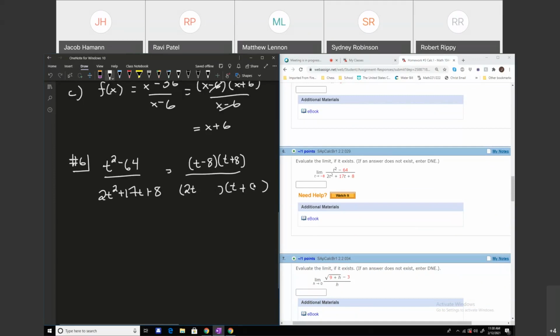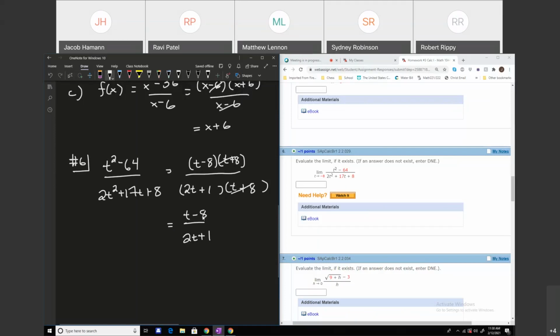So plus 8 plus 1. So essentially, I can cancel my t plus 8s here. It's a little bit easier because you know that likely something is going to cancel, so that allows you to really test your factors more quickly.